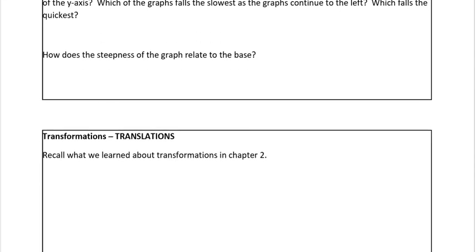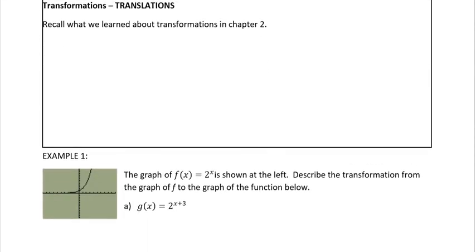Let's talk about transformations and things we learned back in chapter 2. We learned translations. We also learned about reflections, and we also learned about stretches and compressions.